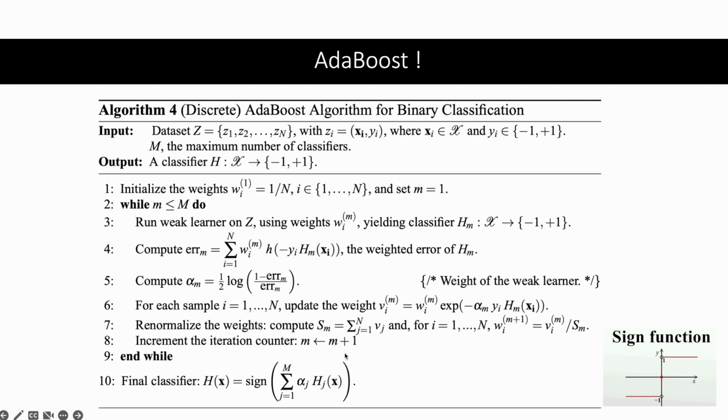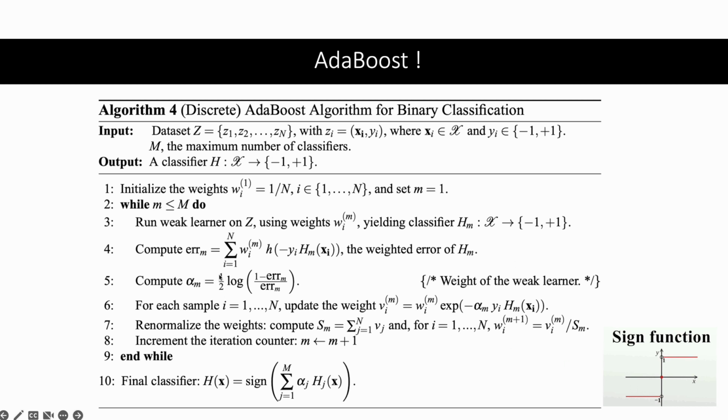The output of the whole sign function will become +1. If this thing is negative, then the output will be -1. Makes sense? This is the part where it is getting additive modeling, and it is predicting your negative class or positive class, +1 or -1.